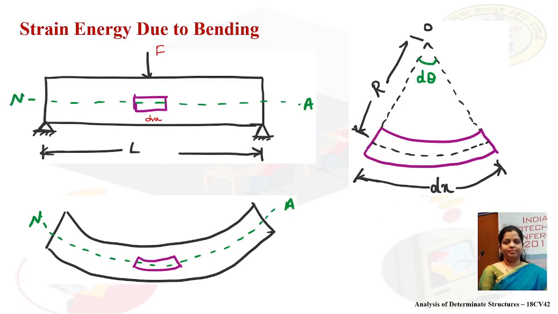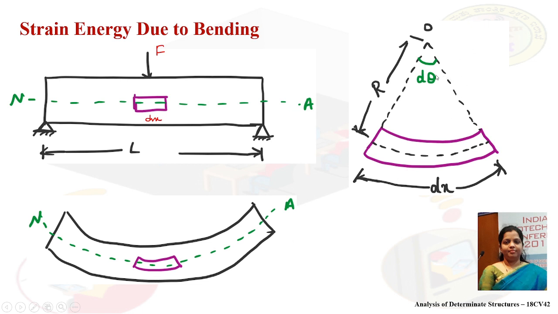Now let us compute the strain energy for bending. As you can see, the beam is loaded with force F. Considering a small element dx, due to bending, this is the deflected shape of the beam and this is the deflected shape of the element.